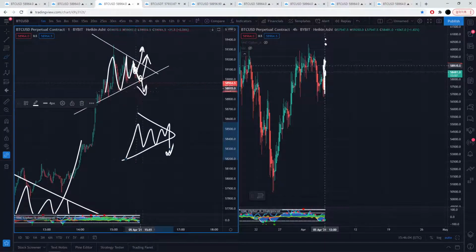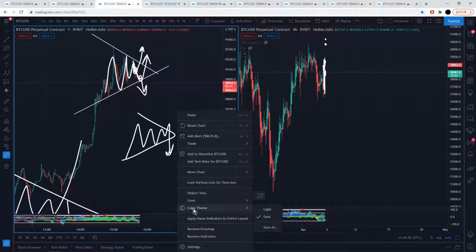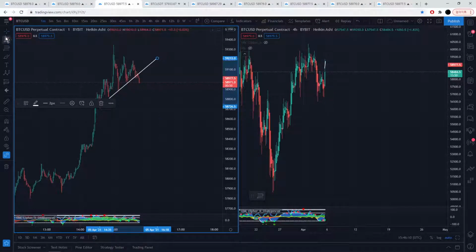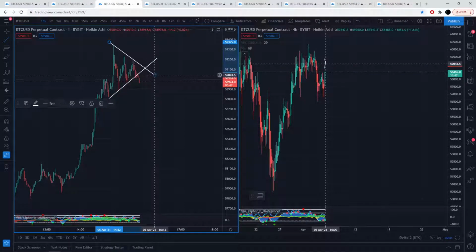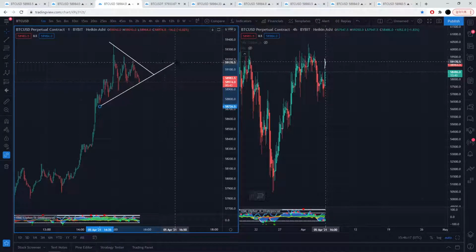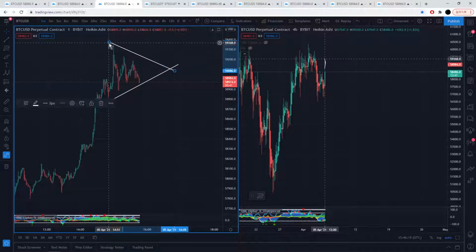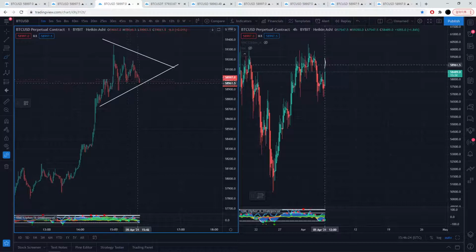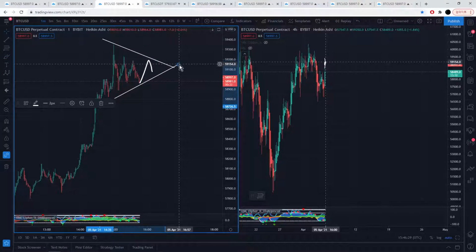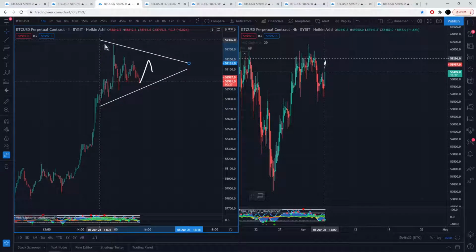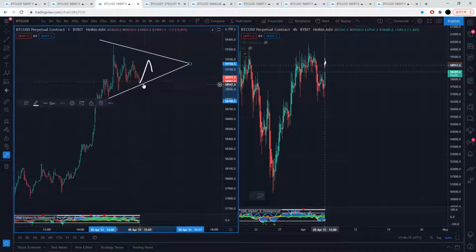So it seems like it's going down right now. Or you also have to think about the times when the triangle extends. If it goes up here right now and then goes down, you have to think that it's going to extend. So you have to improvise based on what comes next.